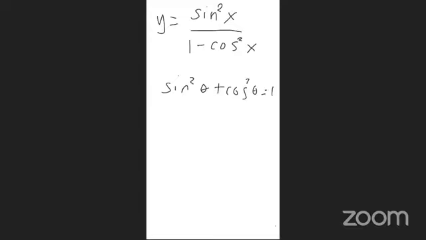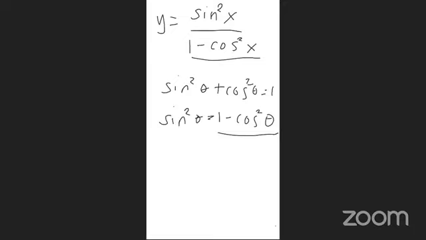So you manipulate it. What does sine squared x equal? Move cos squared theta to the other side, so sine squared theta is equal to 1 minus cos squared theta. Right?